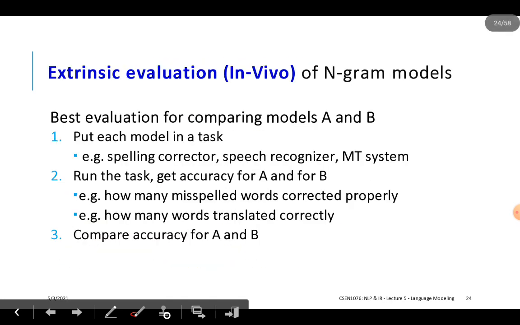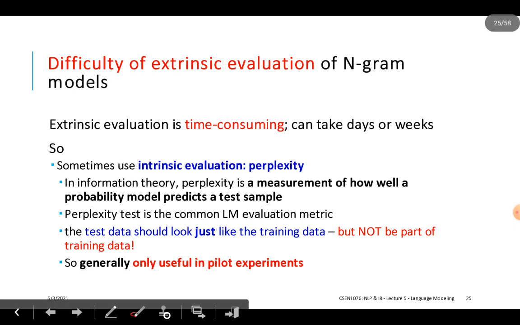Because basically you don't have language models just to have language models. You have them to use them in tasks. So it makes sense to use the tasks for evaluation. But as we said, this will prove to be a lengthy process. So what is perplexity then? Perplexity is a measure that was introduced in information theory.